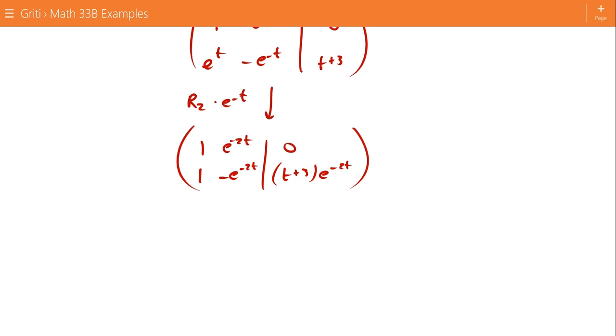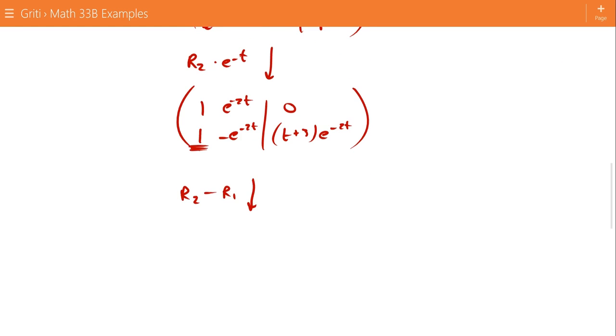And now we take R2 and subtract R1 to get rid of this 1. So we get 1, e to the negative 2t, and 0, which is unchanged. And we're going to get 0, minus 2 e to the negative 2t. And this is going to be unchanged because we had a 0 in that column.